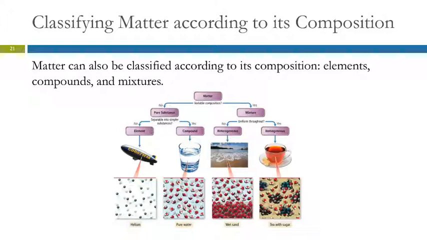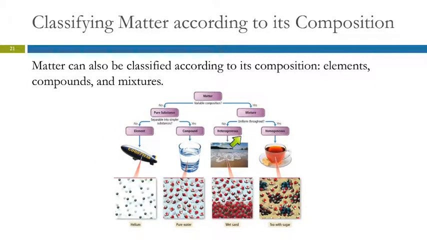It's taking the water molecules, breaking them apart into hydrogen and oxygen. You can do that with a compound. An element cannot be broken down into simpler substances. So here the illustration is helium in this Goodyear blimp. Helium is composed of helium atoms, and you can't make them any simpler than that. They are already as simple as they can be. So those are pure substances.